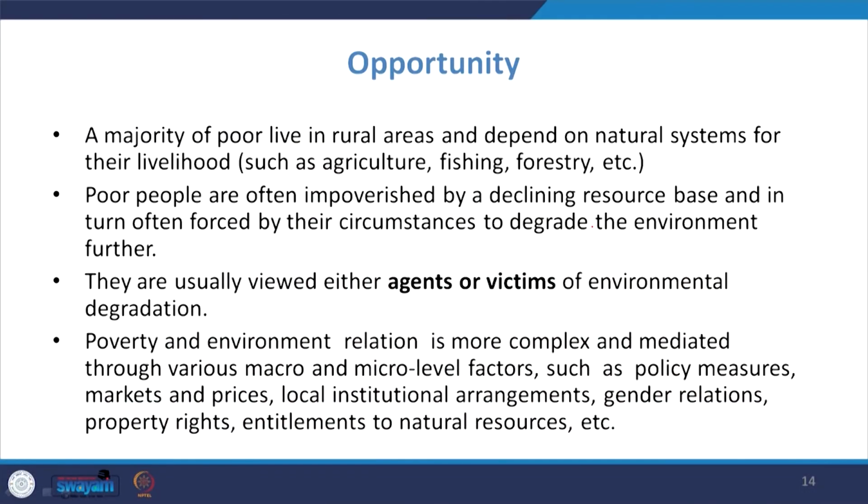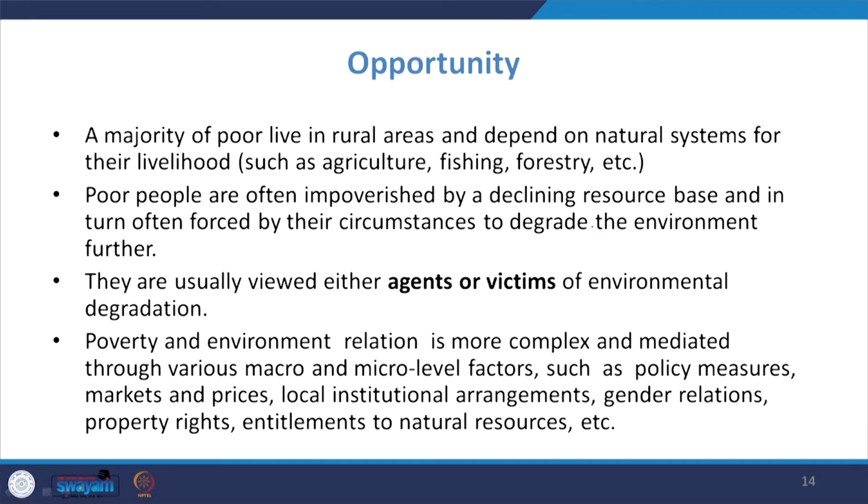Poverty and environment relation is more complex, and it becomes even more complicated due to mediating factors like macro and micro level policy related measures, markets, prices, local institution arrangement, gender relations, property rights, entitlement to natural resources.